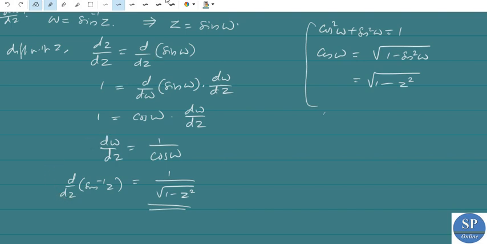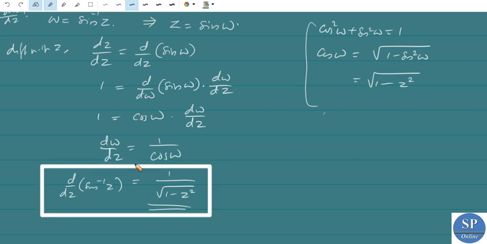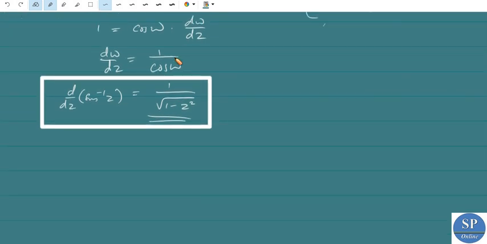So this is the derivative of sine inverse of z. Now the derivative of cos inverse of z: in a similar way we can find it.